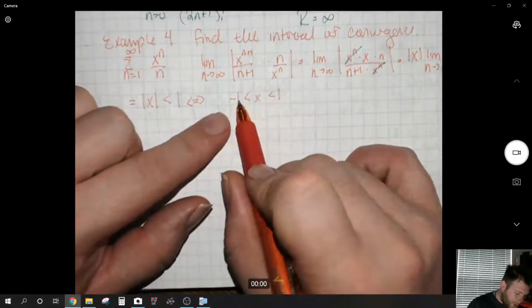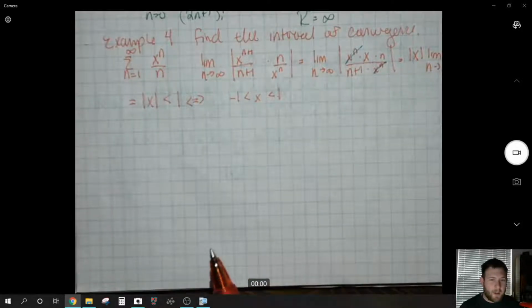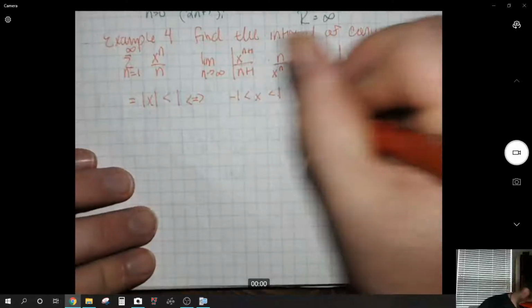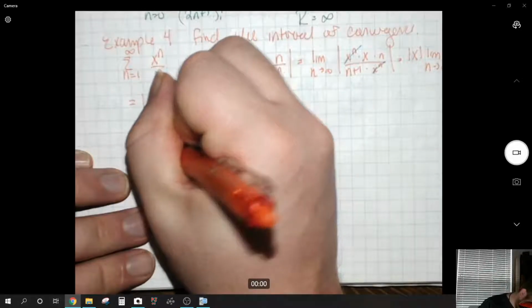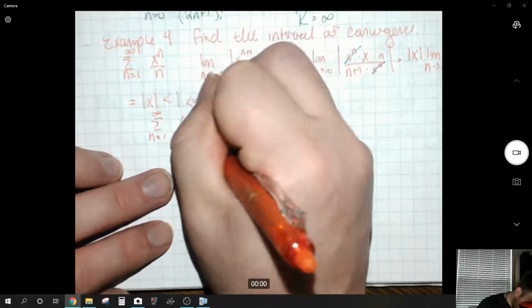So I'm going to take negative 1 and 1 and plug them both into this series right here to figure out, will it converge at negative 1 and 1. So negative 1 to the power of n over n.